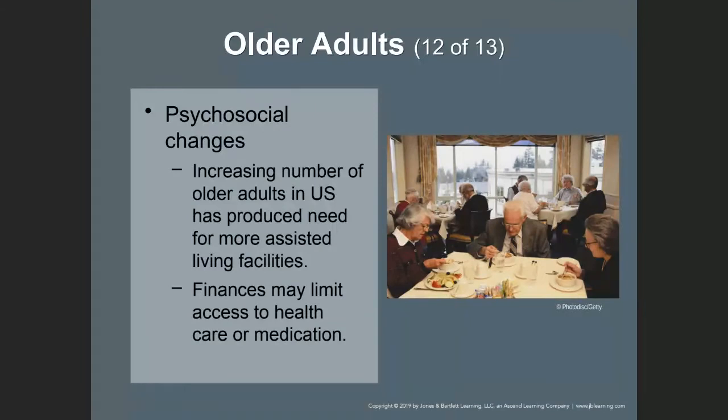Psychosocial changes. The increasing number of older adults in the US has produced a need for more assisted living facilities. So as technology improves, as people become more health conscious, they tend to be living much longer. So there's a higher need for healthcare facilities, healthcare personnel, or living facilities for these persons.